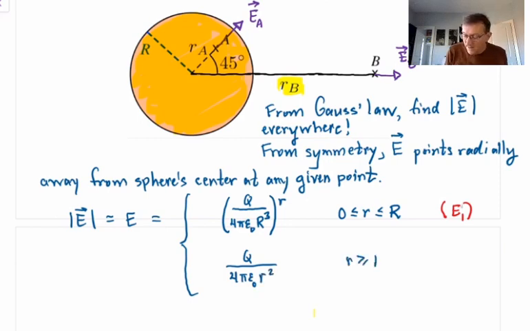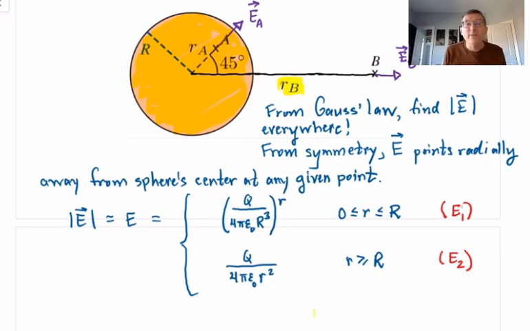This is for any little r greater than or equal to big R, outside the sphere. I'm going to call that function E2, for the field magnitude outside the sphere. So here's what I mean. You have to do a Gauss's law problem to get it, but we know E.